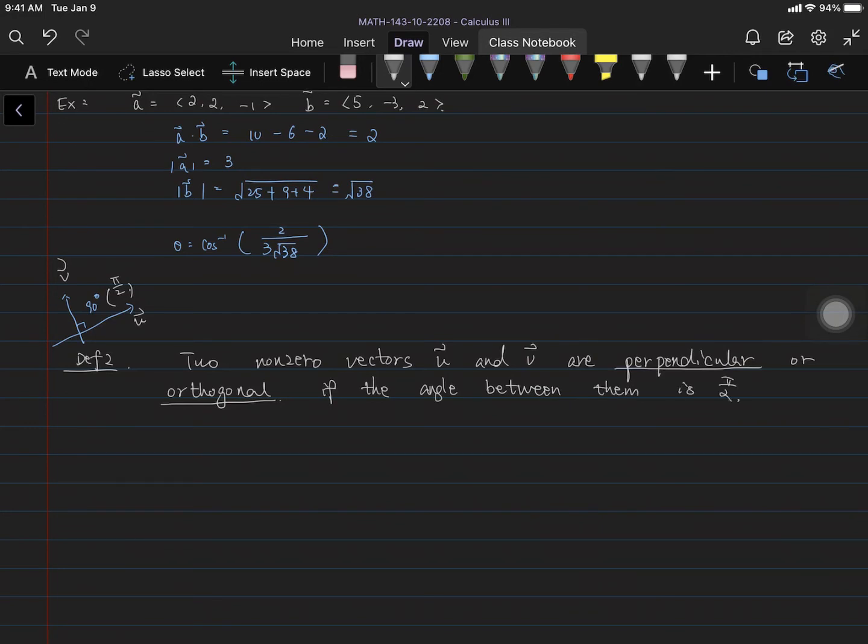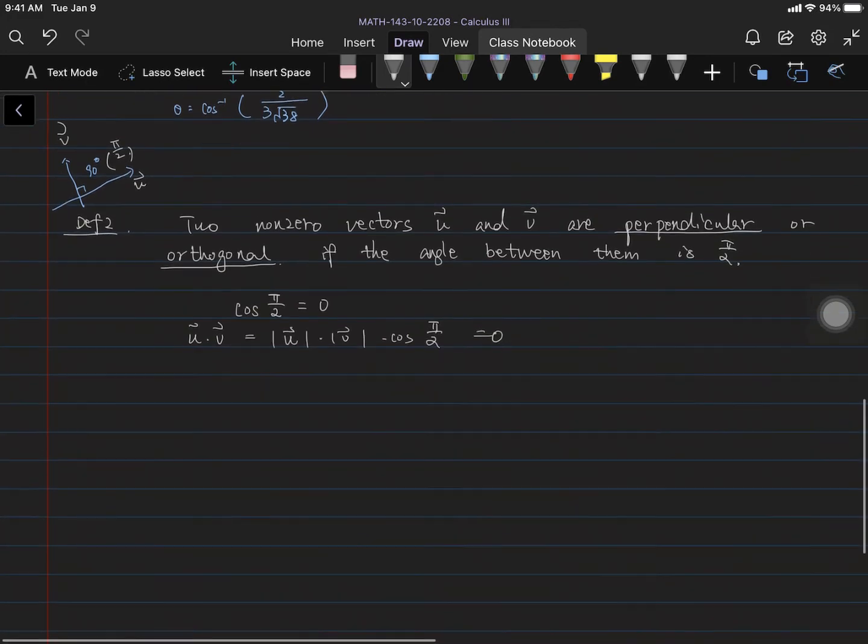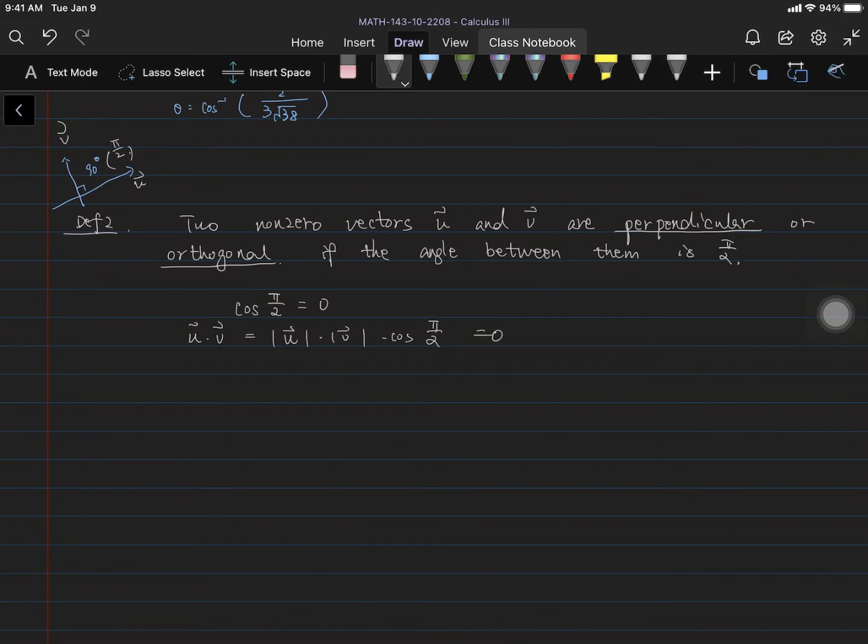Okay, so that's the definition for perpendicular. And if the angle between them is pi over 2, we know cosine of pi over 2 is 0. So actually the dot product equals 0. That means for perpendicular vectors, their dot product is 0.